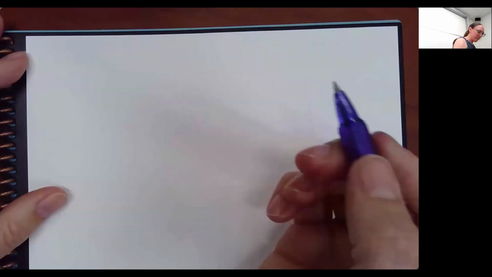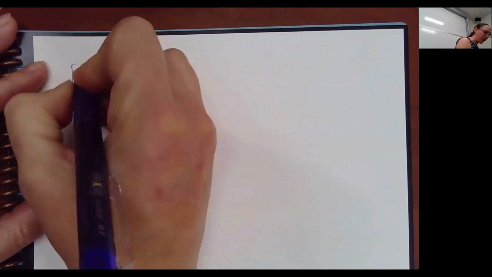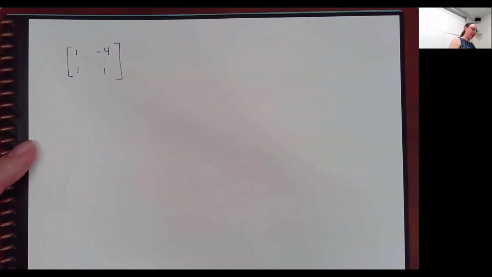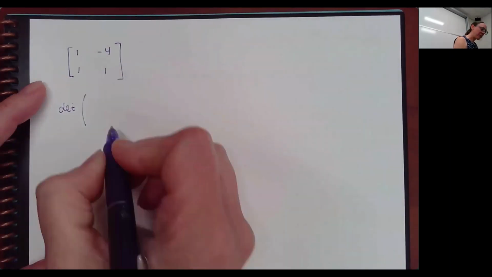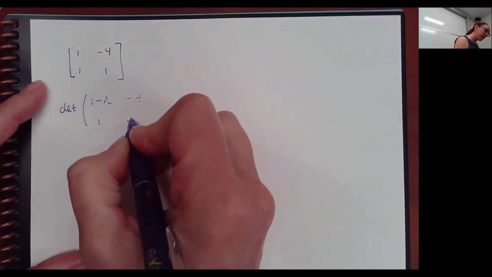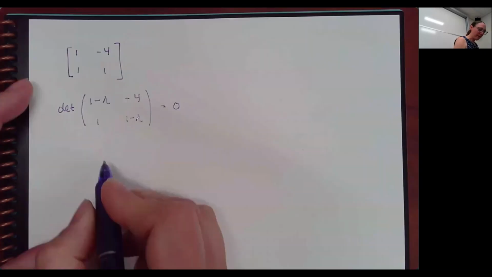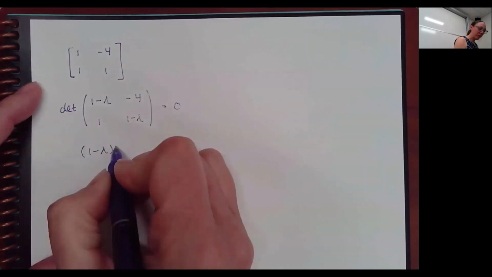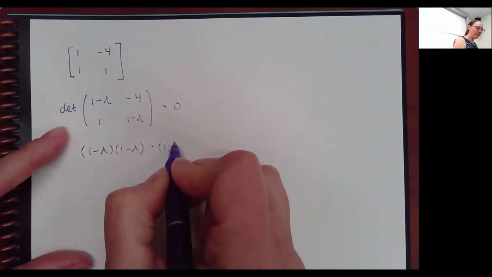Just as another quick practice here, let's say I had 1, -4, 1, 1 as my original matrix. If I'm trying to find the eigenvalues, I'm going to subtract lambda on the diagonal. So I'm going to have 1 minus lambda times another 1 minus lambda minus 1 times -4.